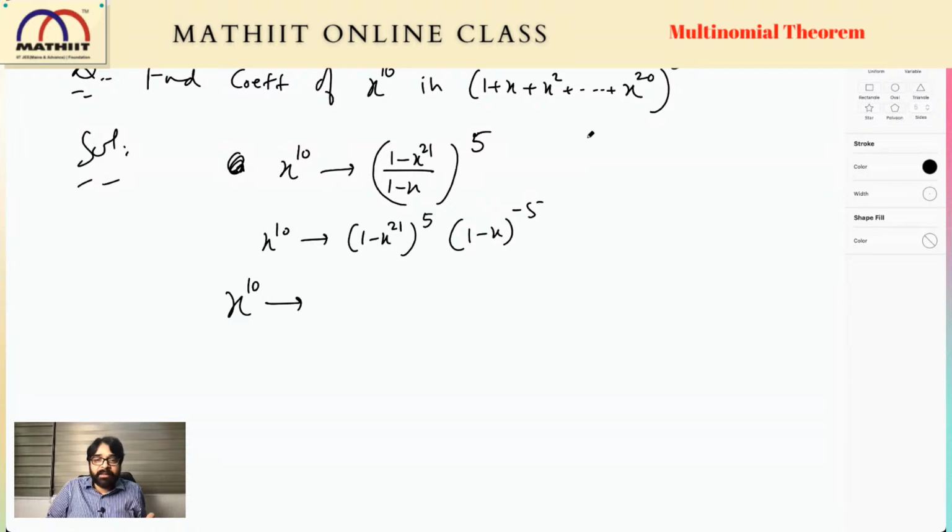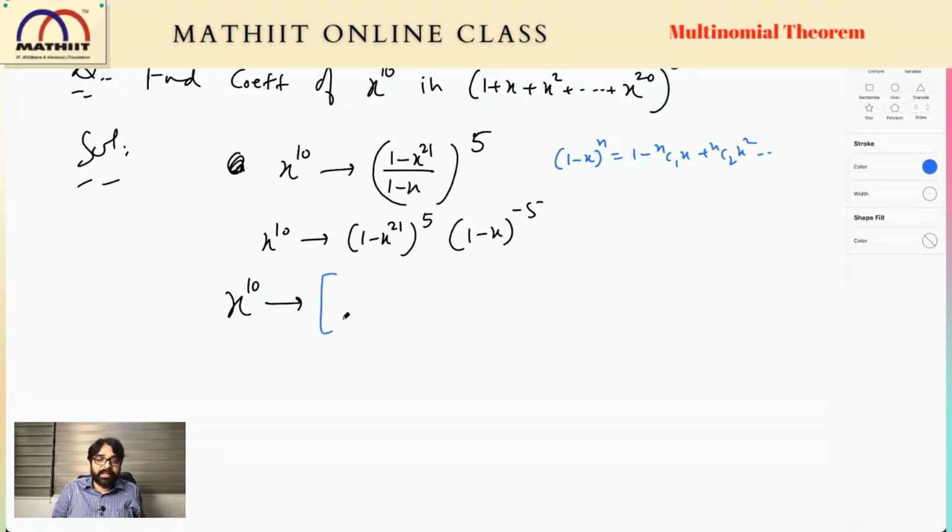This, can we expand? How, sir, how? Arey bhaiya, we have a formula: 1 minus x power n equals 1 minus nC1 x plus nC2 x square and so on. So we can expand this.